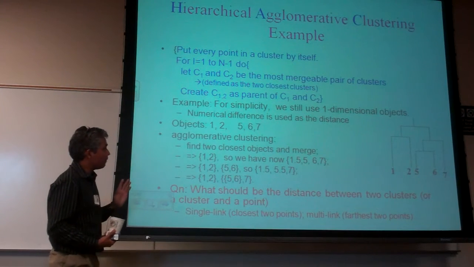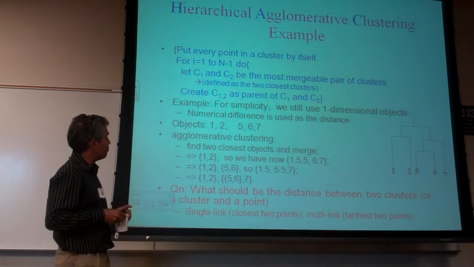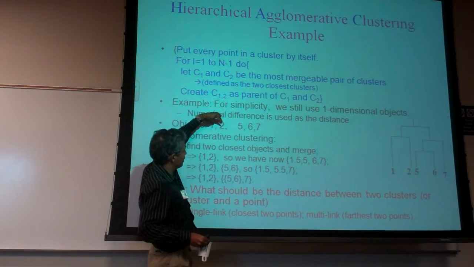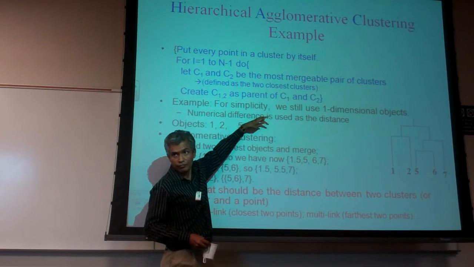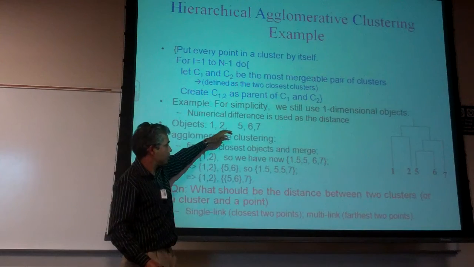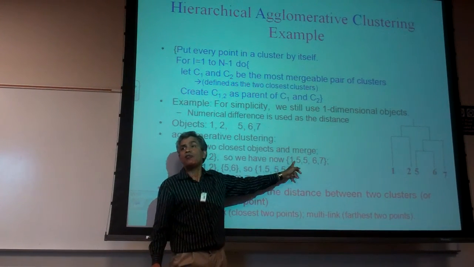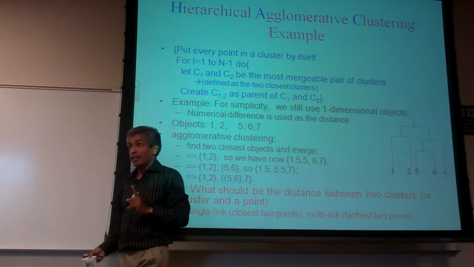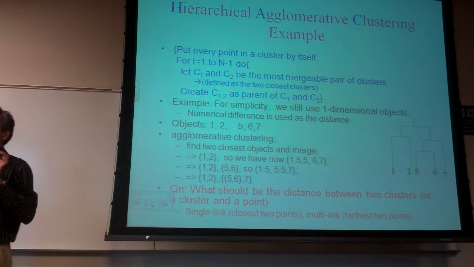Then my data points will now be the 1, 2 cluster and 5, 6, 7. In this example, I have replaced the 1, 2 cluster with the point 1.5. In some sense, if I did that, I'm using centroidal clustering.